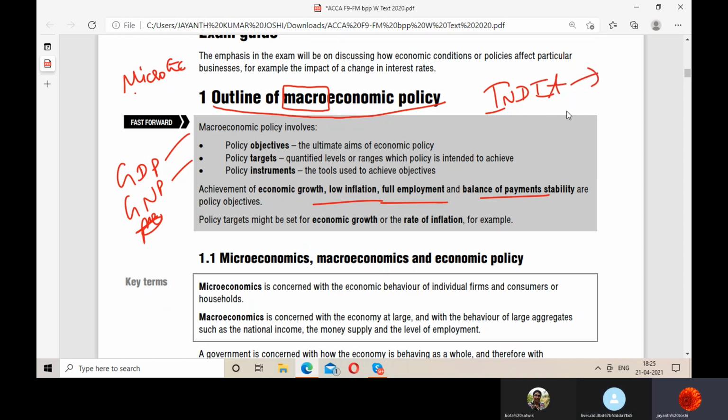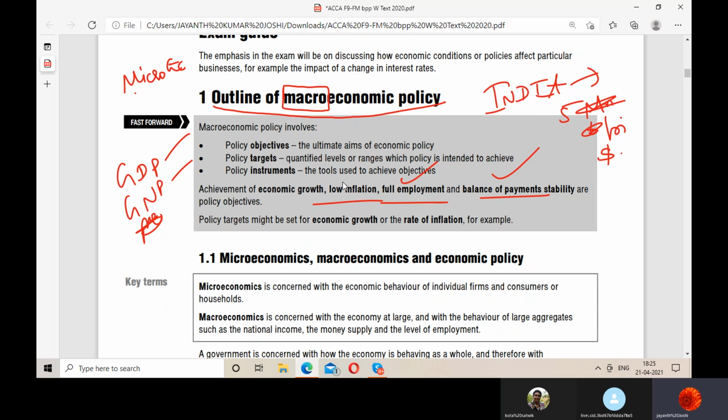If I take India's example, India would have set up some target. Our prime minister says we want to make India a $5 trillion economy. I don't know whether they'll achieve it in the near future, but that is the target they have made. To become a $5 trillion economy, what should India do? Definitely, full employment has to be achieved. There should be a surplus, unlike the deficit.